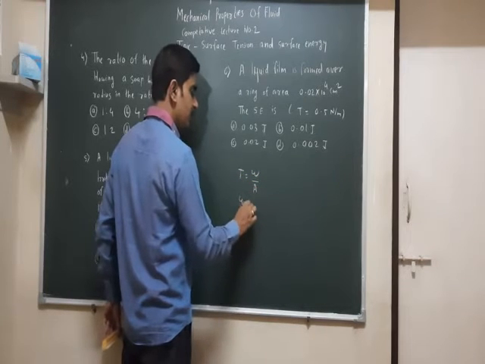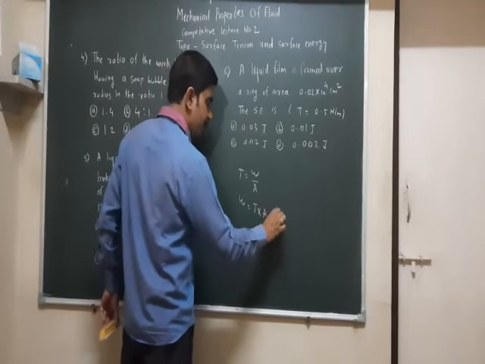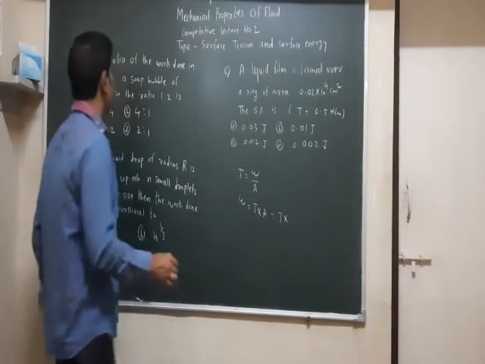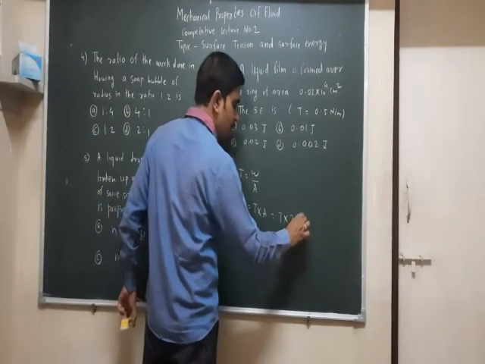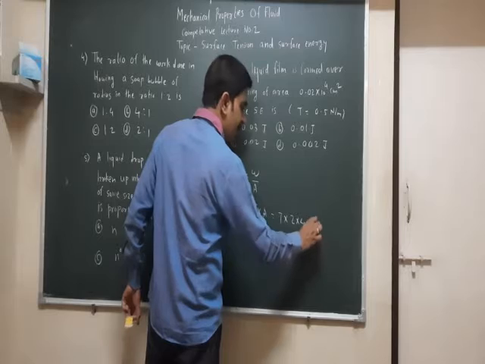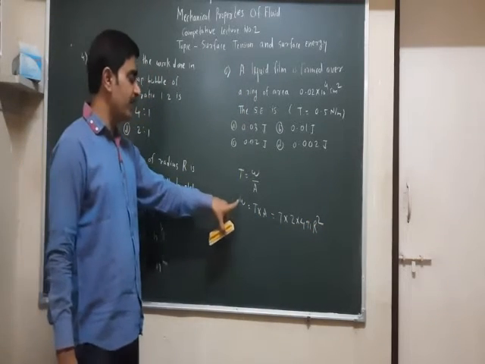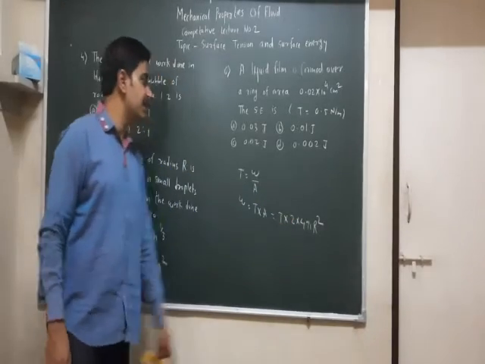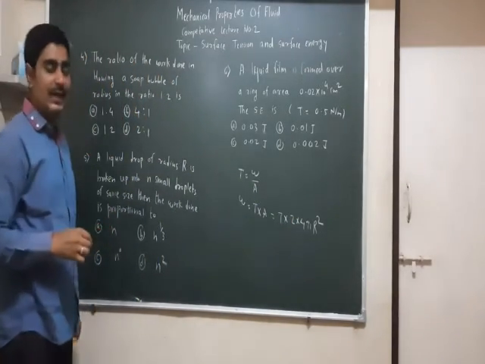So work is equal to T into A. Now area, we have studied that for the soap bubble, it is 2 into 4 pi r square, right?